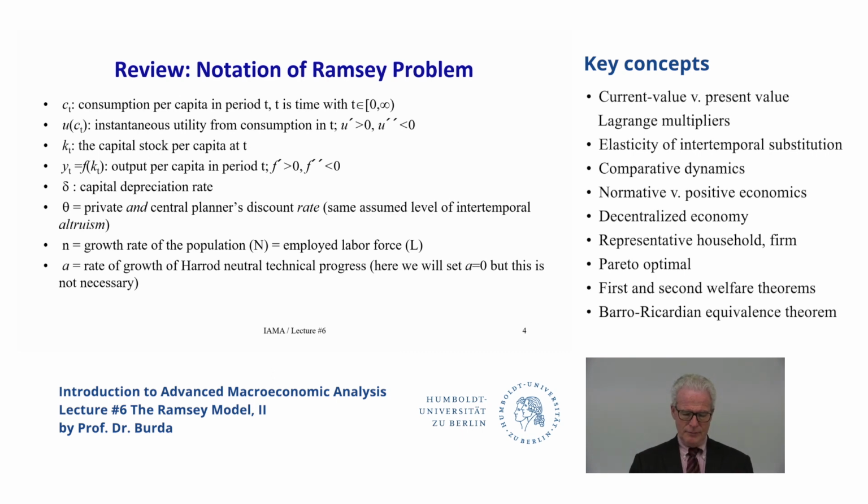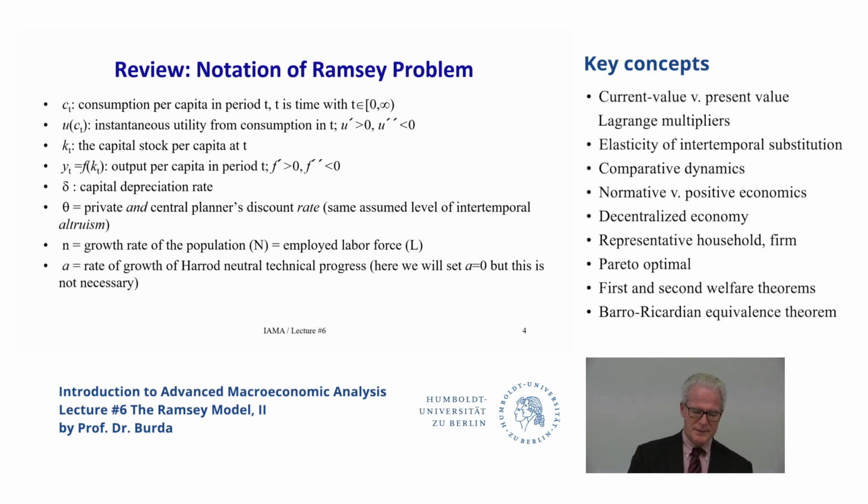And then we have this issue of what the impatience of the individual agents is, and we'll use the instantaneous discount rate, theta, to denote the private and the central planners' discount rates applied to individuals. So this would be the rate at which individuals' utility in the future is valued relative to the decision maker at t equals 0.